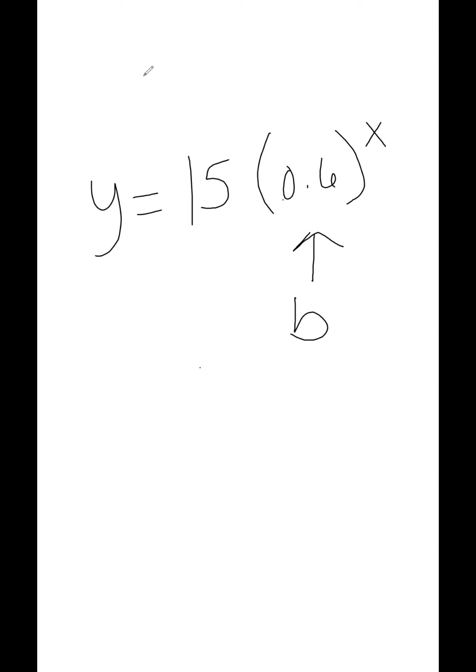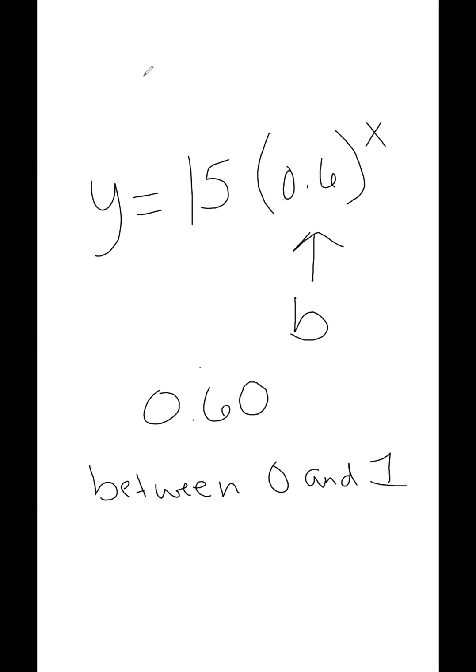Again, I can think of this like money. So I'm going to do 0.6, and this is not 6 cents. This is 60 cents. Okay? So 60 cents is between 0 and 1. It's between having no dollars and $1. You have 60 cents. So this would be a decay.